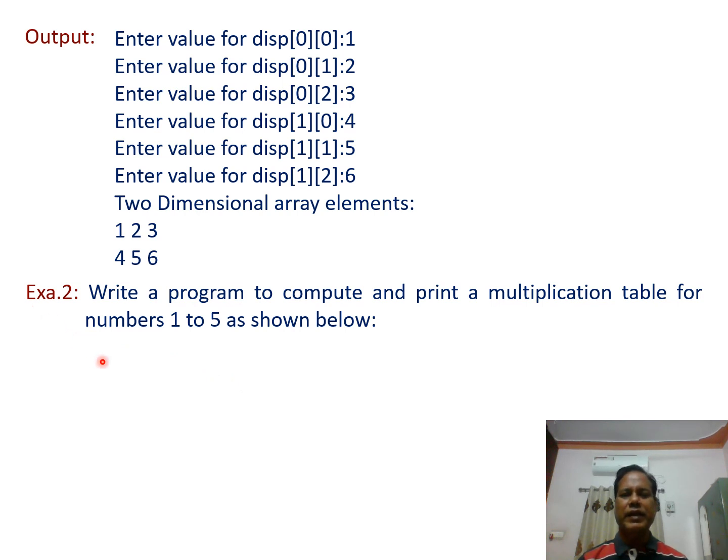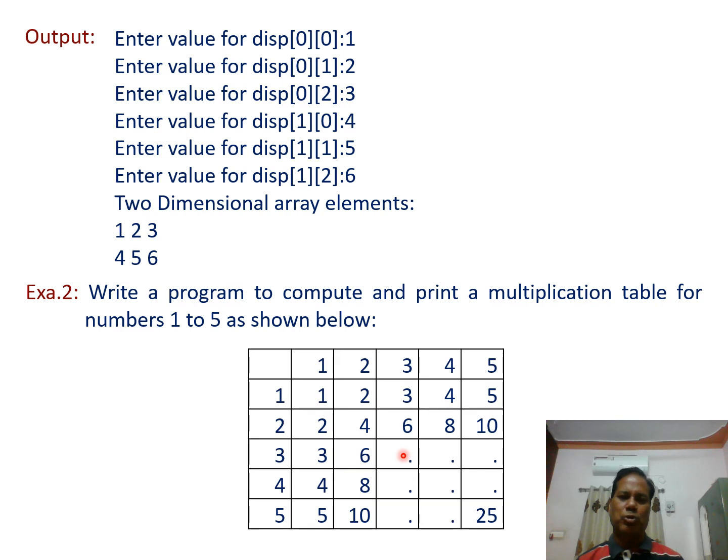In the second example, write a program to compute and print a multiplication table for numbers 1 to 5 as shown below. So we have to write a C program using a two-dimensional array to print this multiplication table.